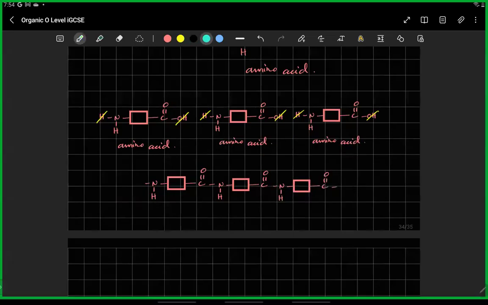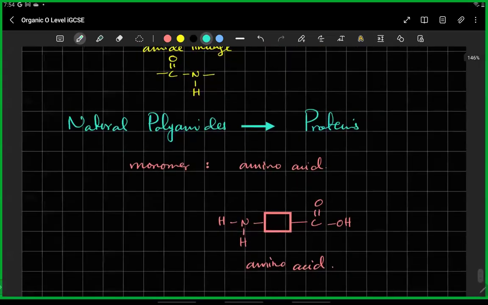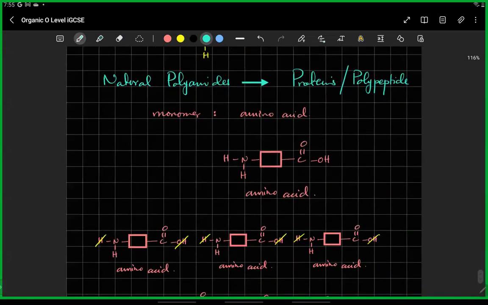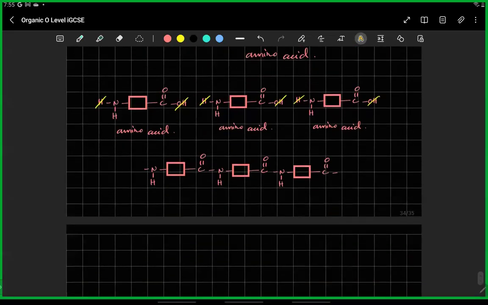And that's what your polypeptide looks like. अच्छा, इसको ना प्रोटीन या पॉलीपेप्टाइड कहते हैं. Polypeptide is a better word. ये जो amide linkage होती है ना, these two are exactly the same thing. Biologically, it's called a polypeptide. So this one is your polypeptide.